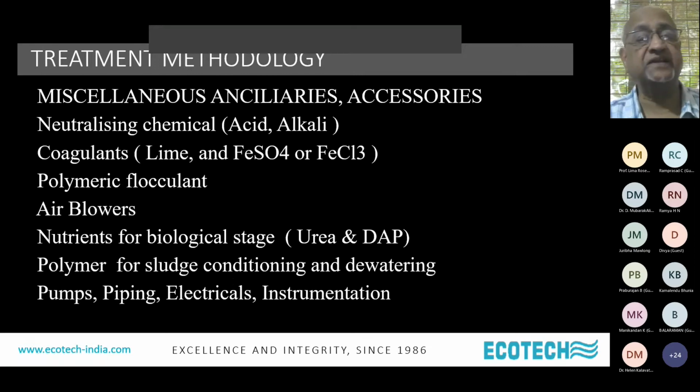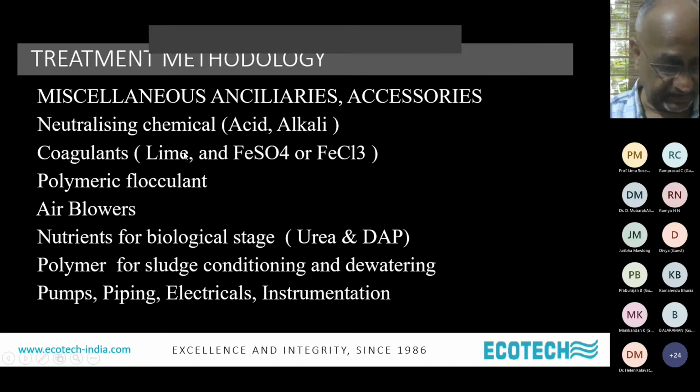Treatment methodology: miscellaneous ancillaries and accessories. Neutralizing chemical is required because the wastewater can sometimes be acidic, sometimes alkaline. Coagulants used are lime, ferrous sulfate, or ferric chloride. Ferric chloride is one of the most versatile coagulants which we use, and lime is a must because all these coagulants work well at a particular pH range.